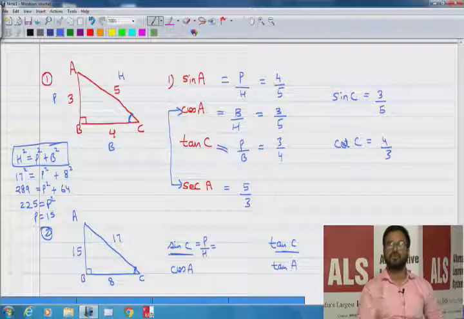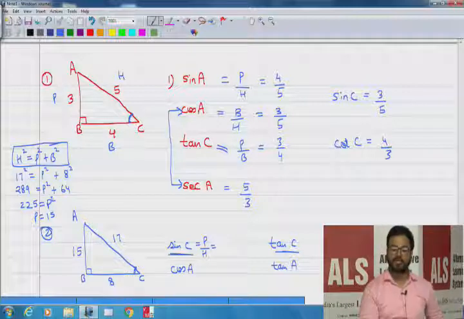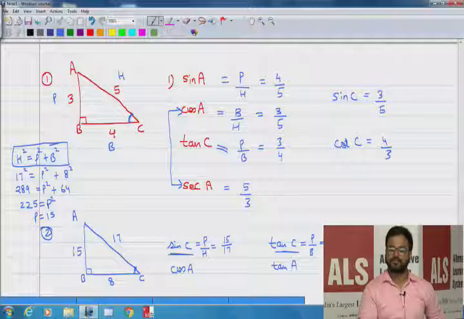You can use this to find the unknown side. So sine of C is perpendicular upon hypotenuse, which is 15 over 17. Tan of C is perpendicular upon base, which is 15 over 8. Cos of C is base over hypotenuse, which is going to be 8 over 17.